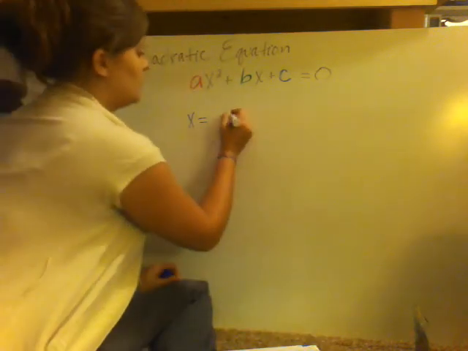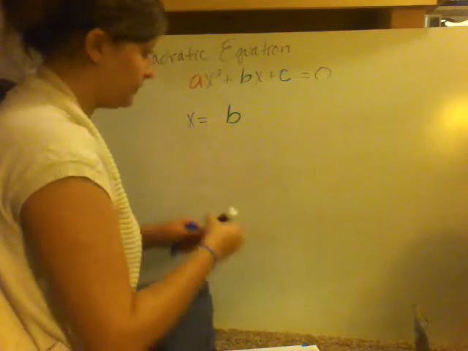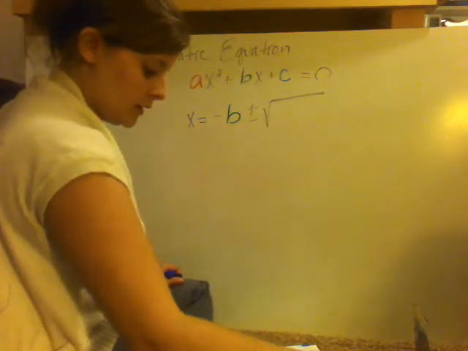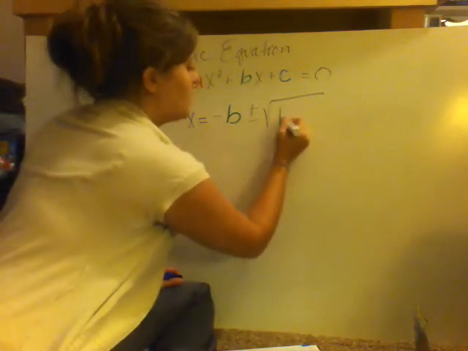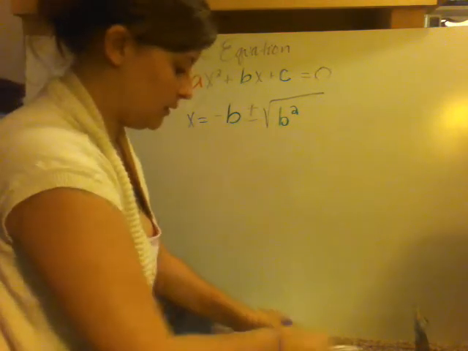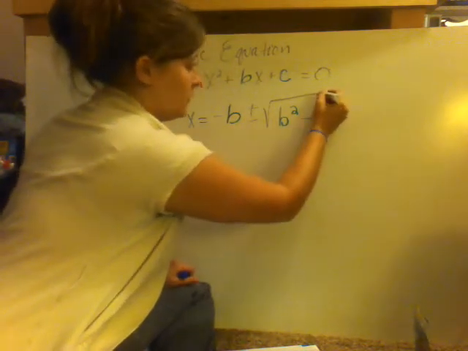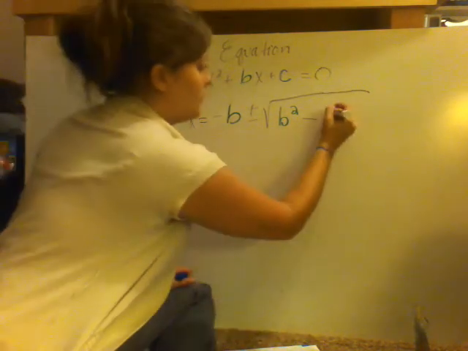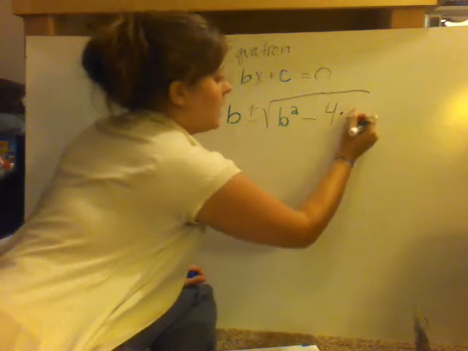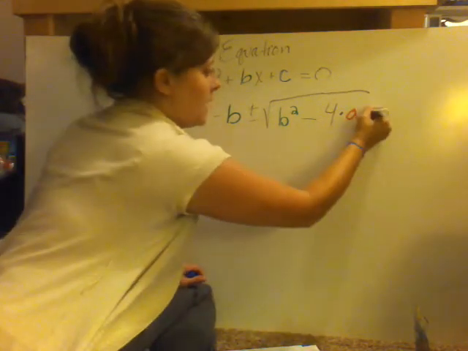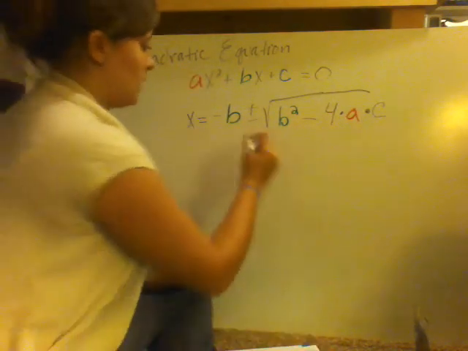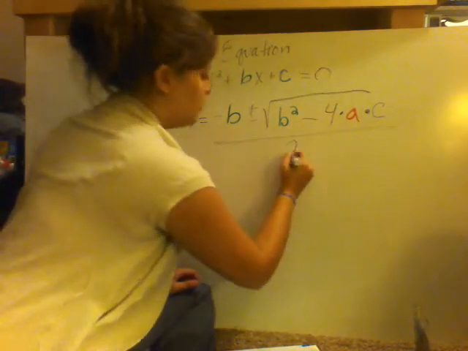So x is equal to negative b plus or minus the square root of b squared minus 4 times a times c, all divided by 2a.